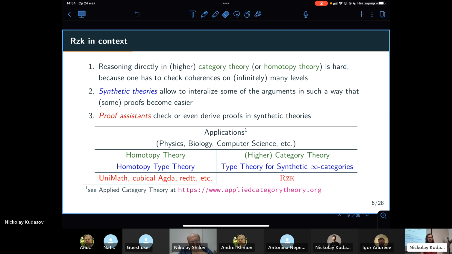Coq is built on top of the calculus of constructions, which is a different theory from homotopy theory, but you can model homotopy type theory to a certain extent inside of that, and then you can prove statements about homotopy type theory in this way. Cubical Agda is an extension to the Agda theorem prover proof assistant, which adds cubical types.